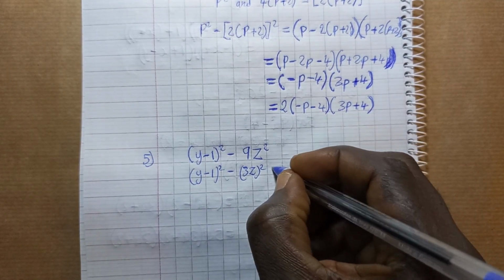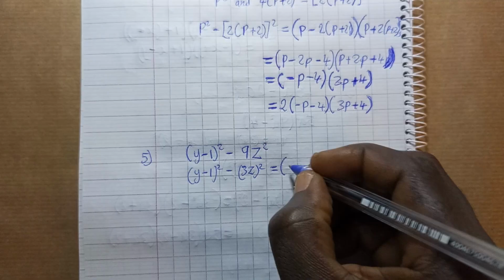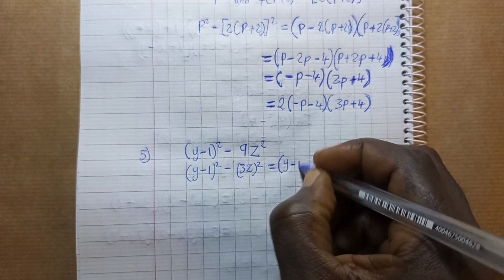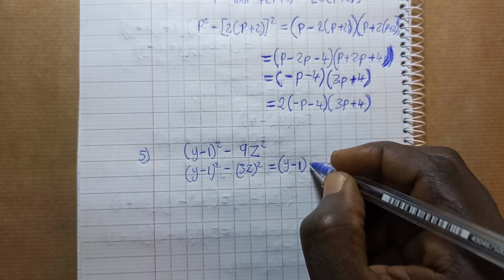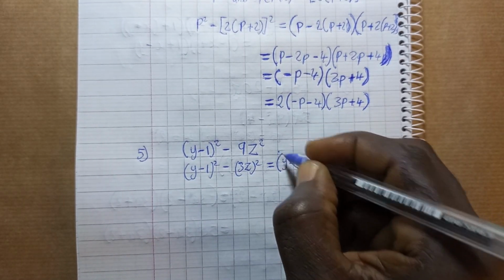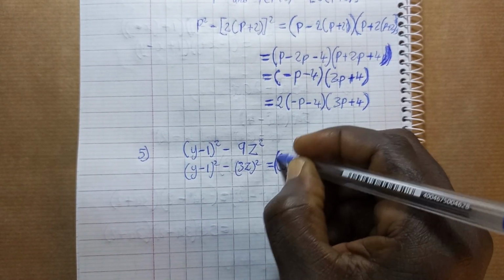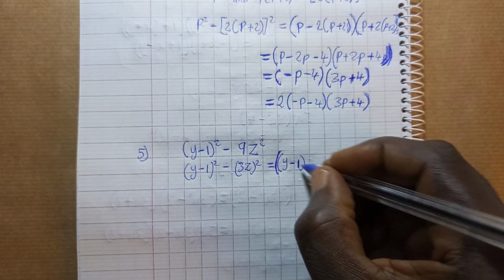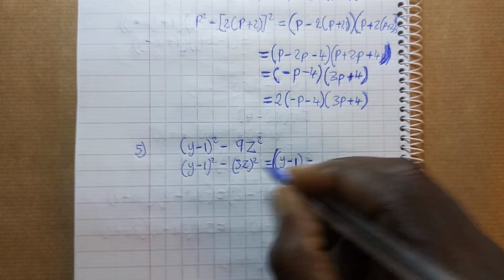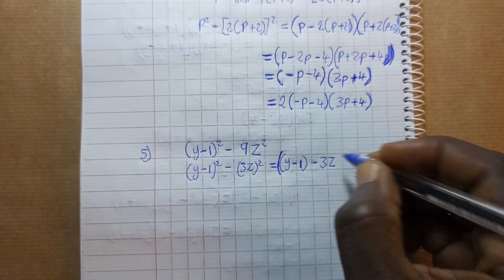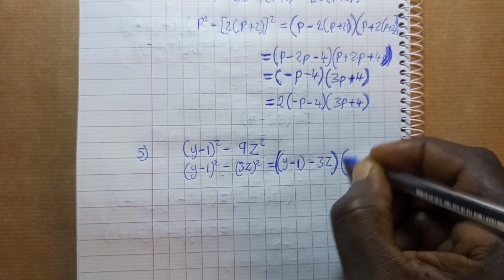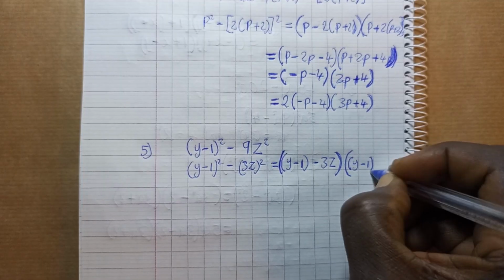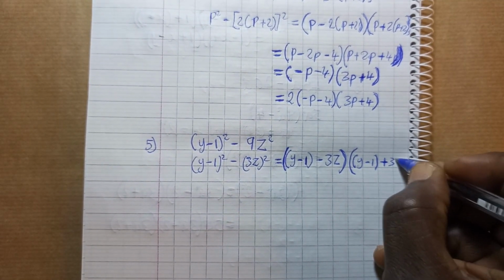Applying that formula, this will be equal to open bracket y minus 1 minus, remember this is a larger function now, this particular one is inside this bigger parenthesis, y minus 1 minus this value 3z, and then you close it, then you open another one, open bracket y minus 1, close it, then plus 3z.